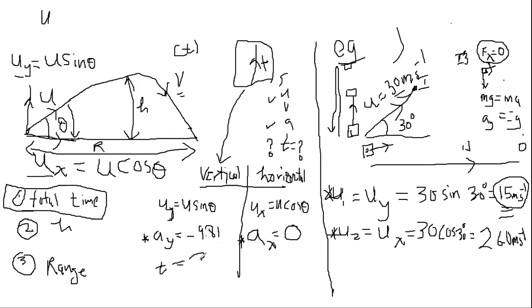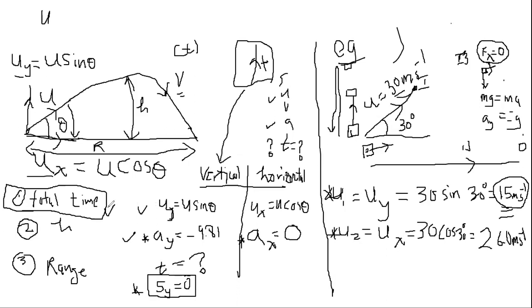When the first camera goes up and comes down, the displacement is how much? Zero. So the hidden information is Sy is 0. I have to write Sy because we have two components. So you know uy, you know ay, you're looking for time, and Sy is 0. You can find the total time.